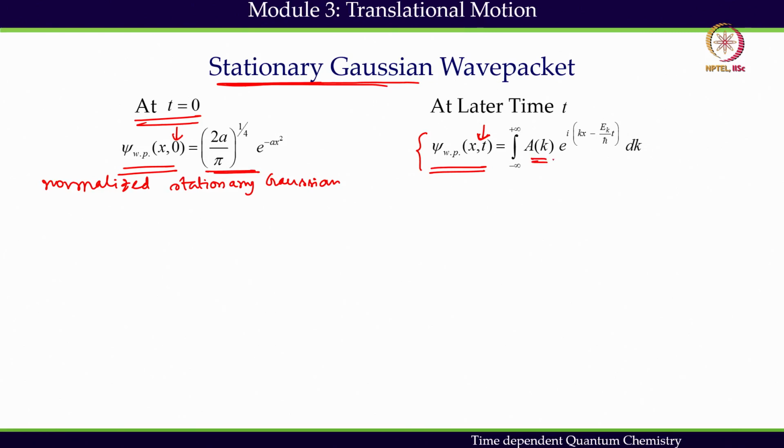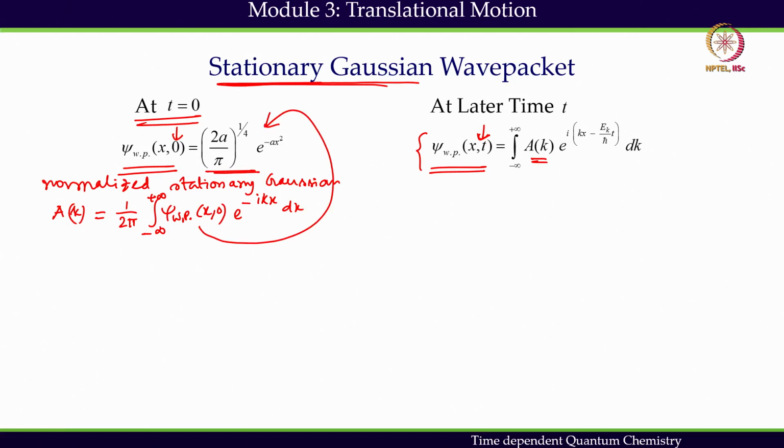For that I need to know A(k), and we have seen that A(k) can be calculated as 1 by 2 pi, integral from minus infinity to plus infinity of psi(x, 0) e to the power minus i k x dx, where the initial wave packet is given by this.